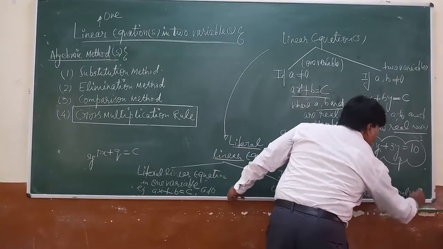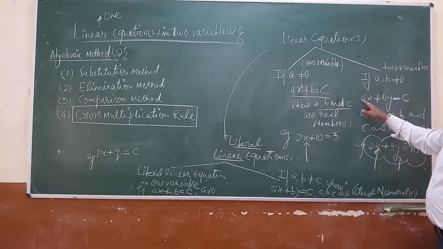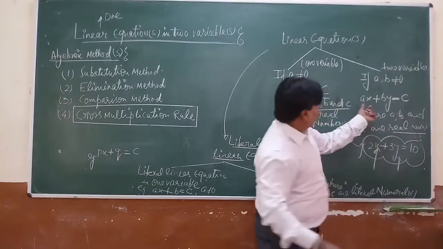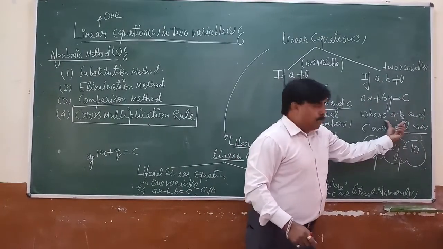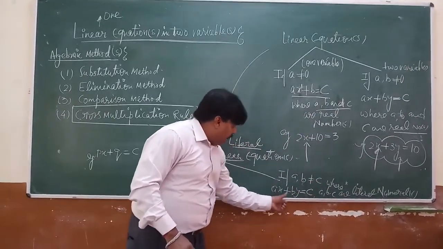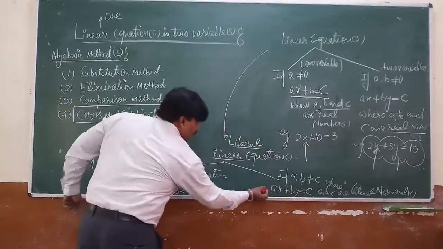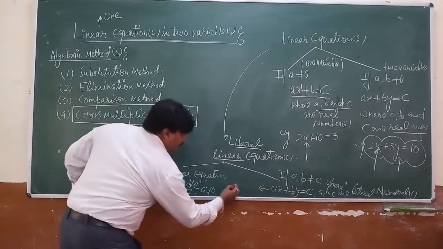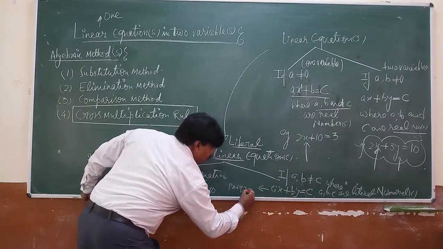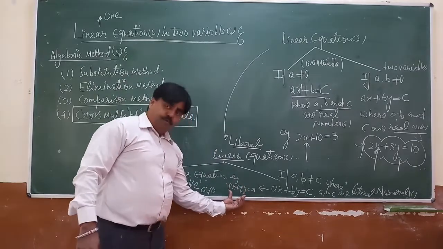Remember, here 2, 3, 10 are real numbers. But to become a literal linear equation of two variables, a, b, c are literal numerals, like alphabets. One more example you can take: suppose px plus qy is equal to 1. This is a literal linear equation of two variables.